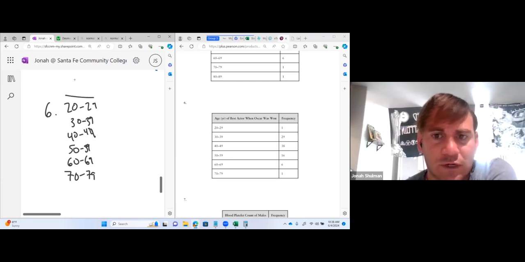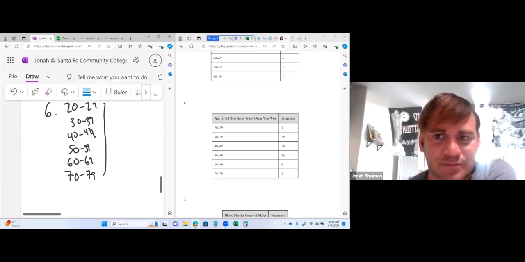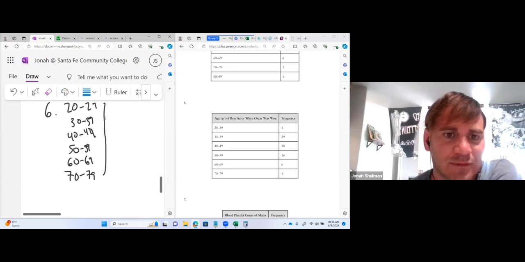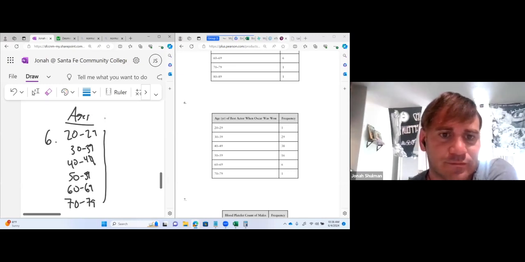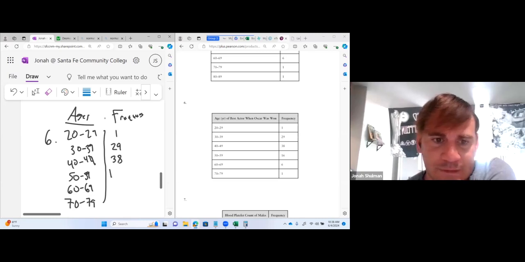So these are our ranges. In our case, they're the ages at which people won Best Actor. And the frequency is how many people showed up. So we got 1, 29, 38, 16, 6, and 1.